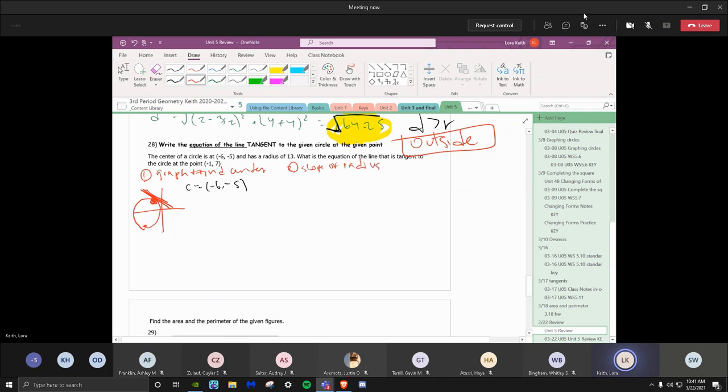To find the slope, I call the center x1, y1, and I call our point x2, y2. So we're finding the slope of the radius from -6, -5 to -1, 7. I do y2 minus y1 over x2 minus x1, and we get 12 over 5.